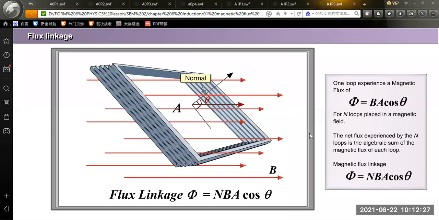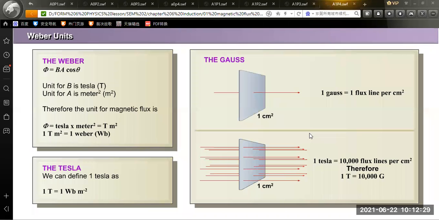Now, let's observe. Magnetic flux is equal to BA cos delta. The unit for B is Tesla, T. The unit for A is meter square, and the unit for magnetic flux is Tesla times meter square.